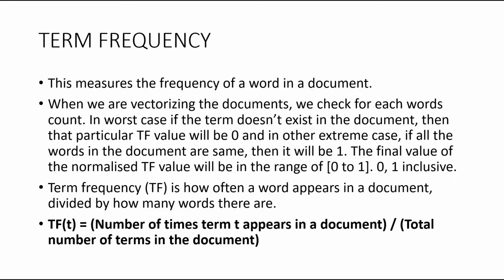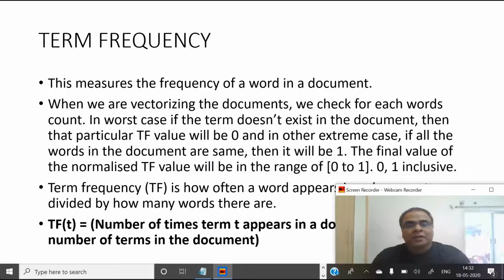Let's try to understand term frequency. This is very simple. It measures the frequency of a word in a document. When we are vectorizing the documents, we check for each word's count.